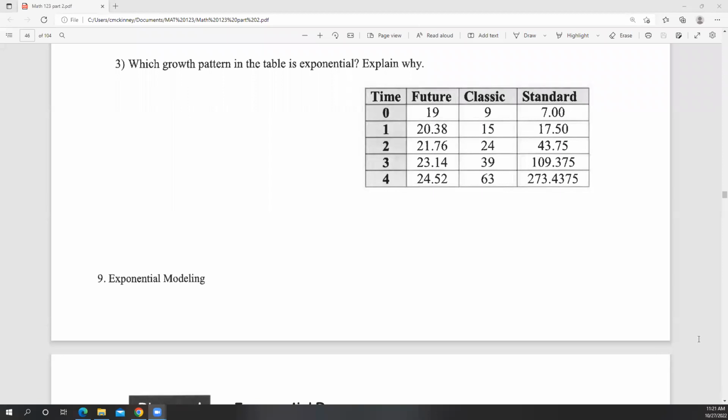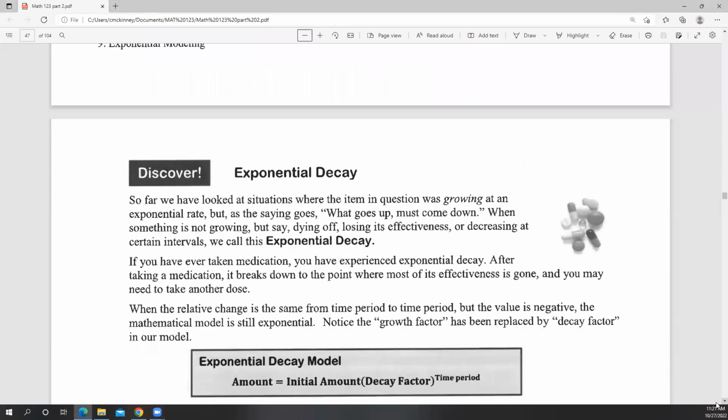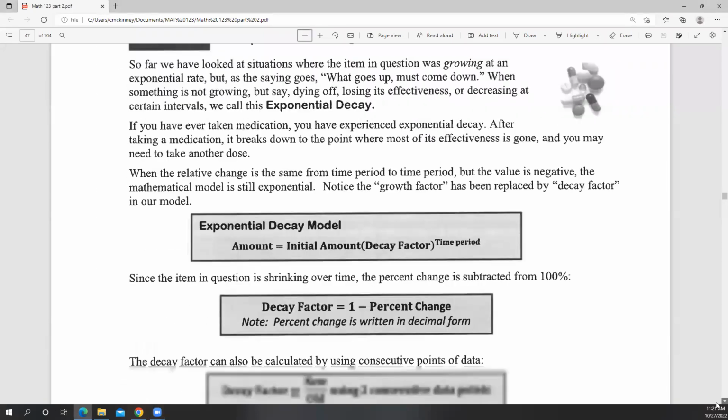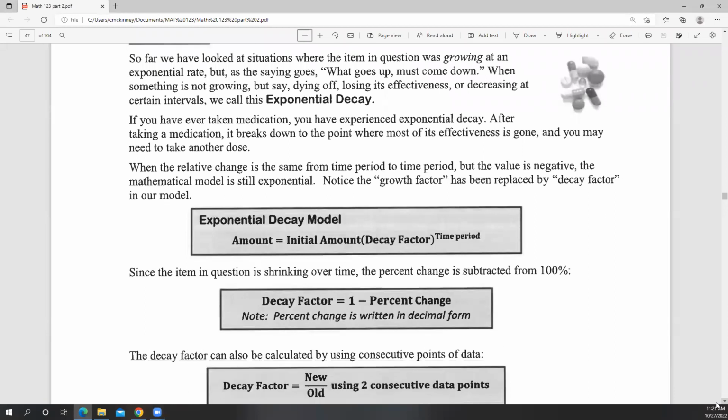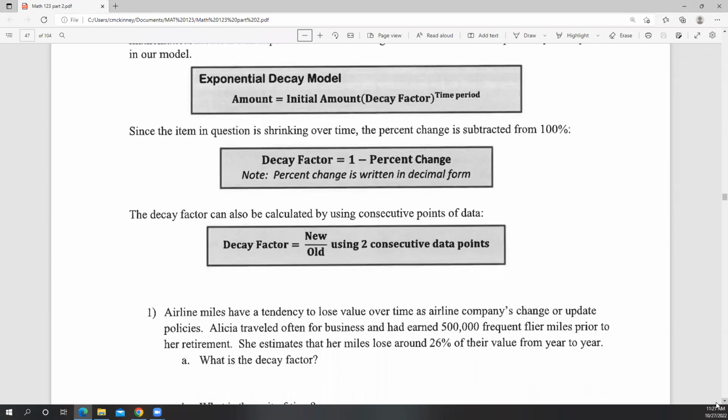That is not growth. It can be decay, which means it's going down. So things are dying off, not growing, losing effectiveness, like the amount of a drug in your system. So we find a decay factor, just like we had a growth factor.